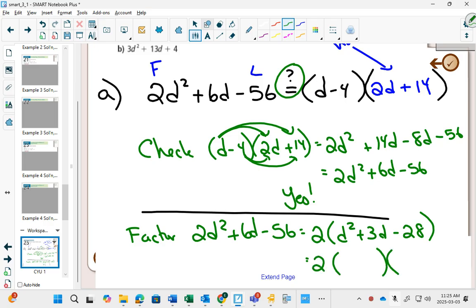And once that common factor of 2 is taken out, the d squared as my first one has to be d and d. The 28 is the last one. Lots of options for 28. 1 and 28, 2 and 14, 4 and 7. Do any of those make an outside and inside give you 3? 4 and 7 would give me 3 if I subtracted. I need a plus 3, so I would need a plus 7 and a minus 4.